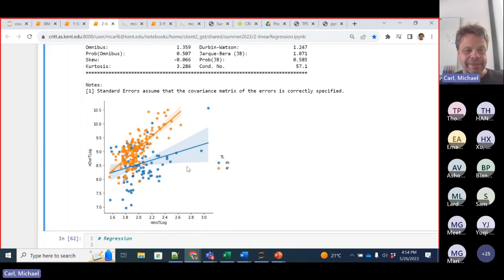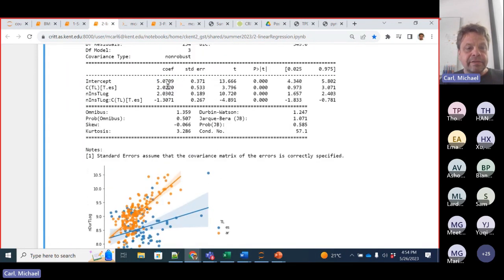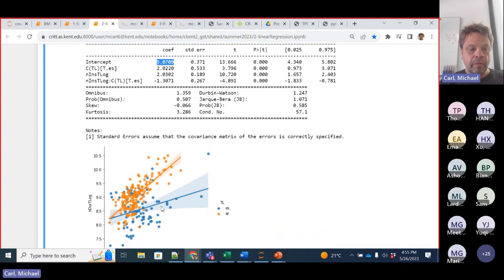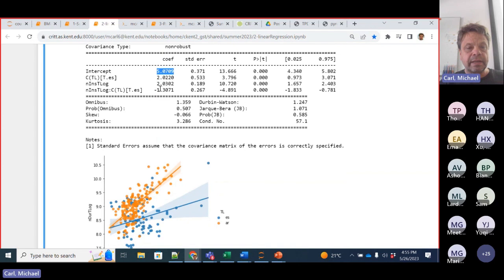This intercept is relative to this one. It says add 2.02 to this 5.0, and then we come to the intercept for the Spanish line, which is this blue one. So the intercept for Spanish is higher than the one for Arabic.